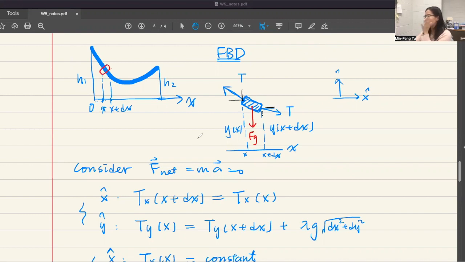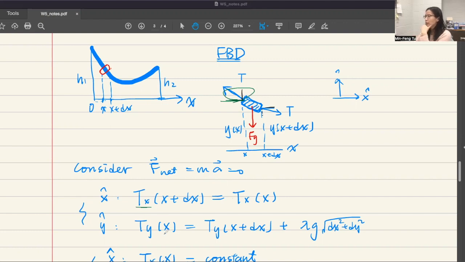So I will try not to do it unless I have to later. In the x direction, the x component of the tension here and the x component of the tension here should be the same because they are balanced.